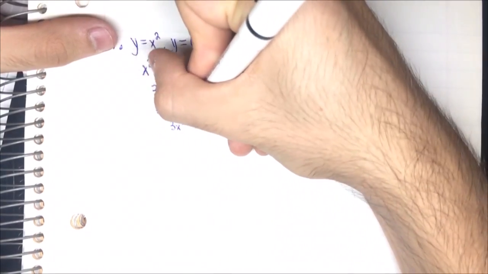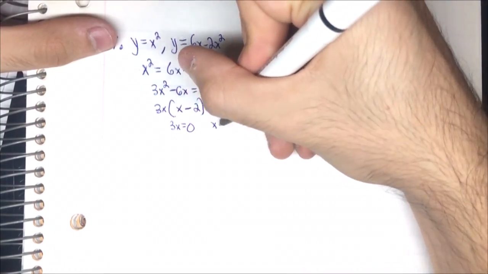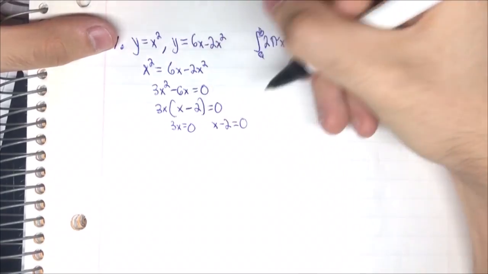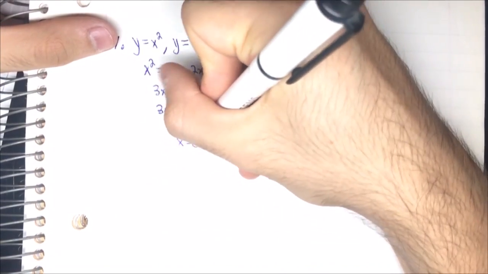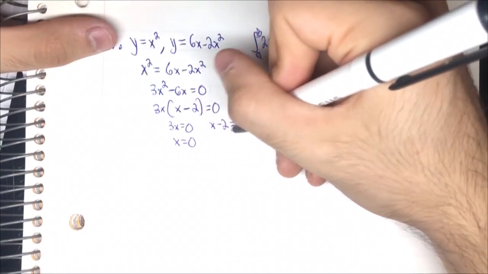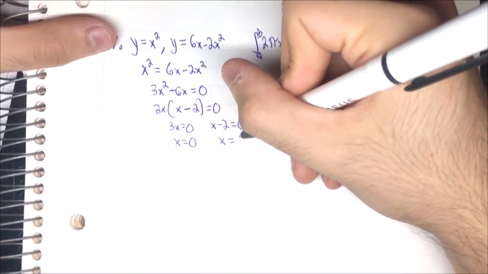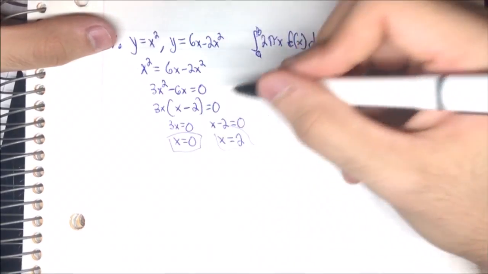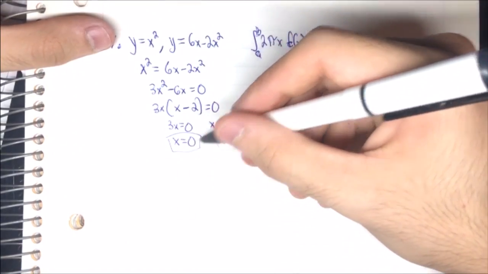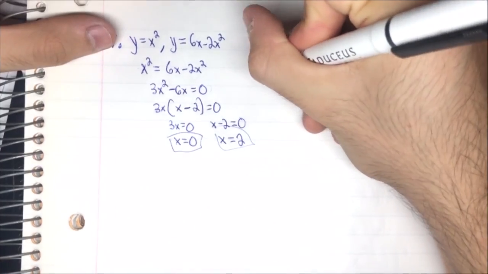So now we have 3x is equal to 0, and x minus 2 is equal to 0, so the 3x turns into an x, and you add the 2 onto this side. So now we have the upper and lower bounds. So it would be 0 and 2.